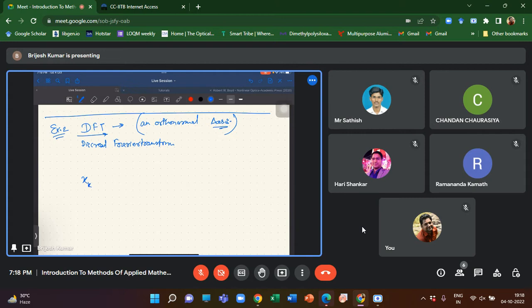Like we consider xk is equal to 1 upon n summation i is equal to 0 to n minus 1 xi, and this is wn ik, where k is equal to 0 to n minus 1. We know that the DFT, the discrete Fourier transform, is ubiquitous.